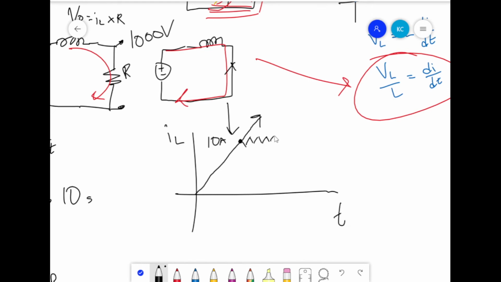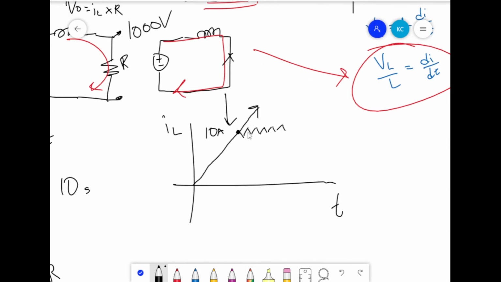When we're shorting the inductor, we're building up current through it. Then we make that path unavailable, and it goes through the resistor, and it discharges. So the charge cycle is dT, the duty cycle times the period, and this is the off period.